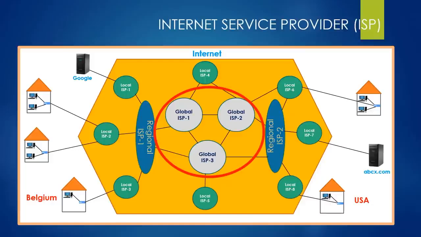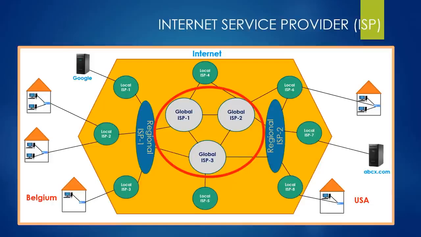Although definitely not as many as the regional ISPs, there are a few global ISPs in the world. And you can guess the technical reasons for not having only a single global ISP in the world. We have talked about similar things before. But in addition to these reasons, like load balancing and efficiency, there are also some financial reasons for this.